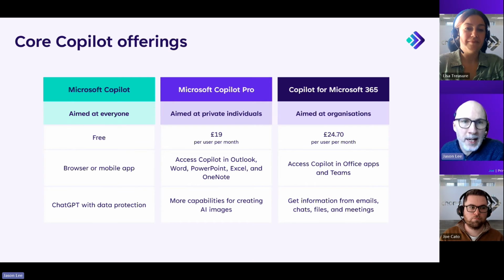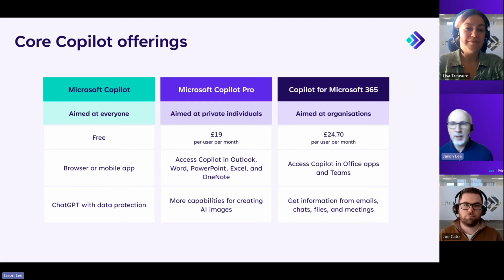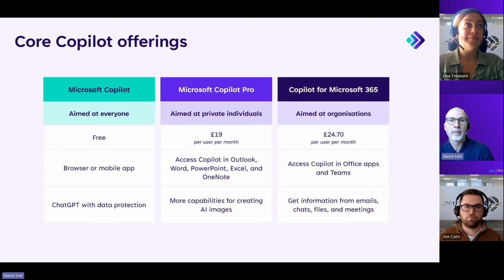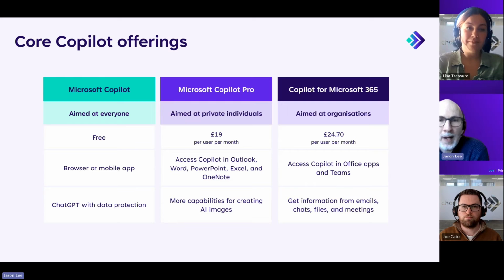Copilot Pro, despite the name, is aimed at private individuals. So if you've got Microsoft 365 personal or family subscriptions, Copilot Pro lets you use Copilot capabilities in Outlook, Word, PowerPoint, Excel and so on to draft content, draft emails and so on. And then the big one is really Copilot for Microsoft 365.